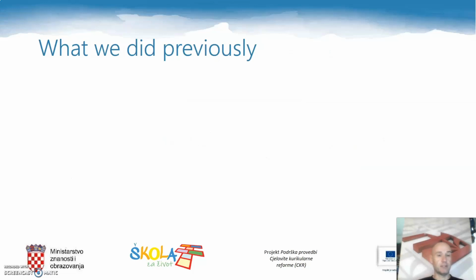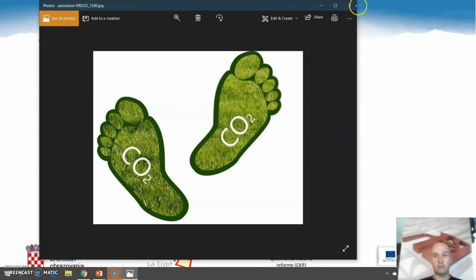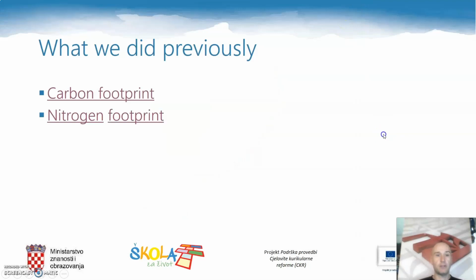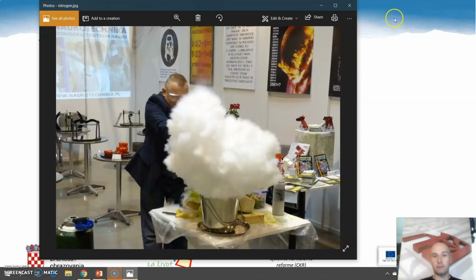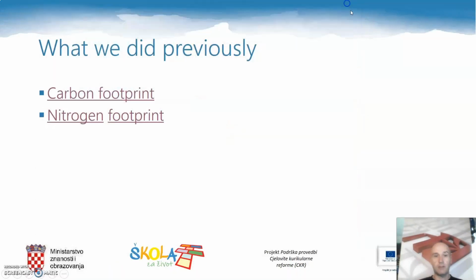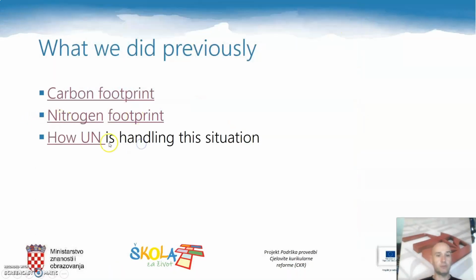What we did previously. So we talked about the carbon footprint. If you remember, the CO2, how much of it we produce. Then we talked about the nitrogen, which is also vital for the food production, and how much nitrogen we produce.